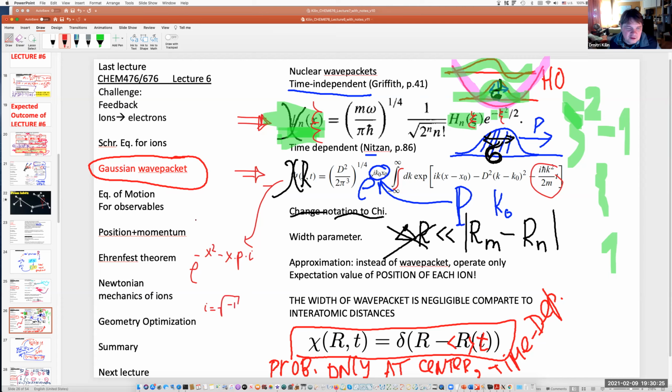So this function will look like quickly oscillating stuff that is 0 before and after. This quickly oscillating stuff corresponds to a wave function that quickly moves through space. At the end of the time, it's going to be 0.